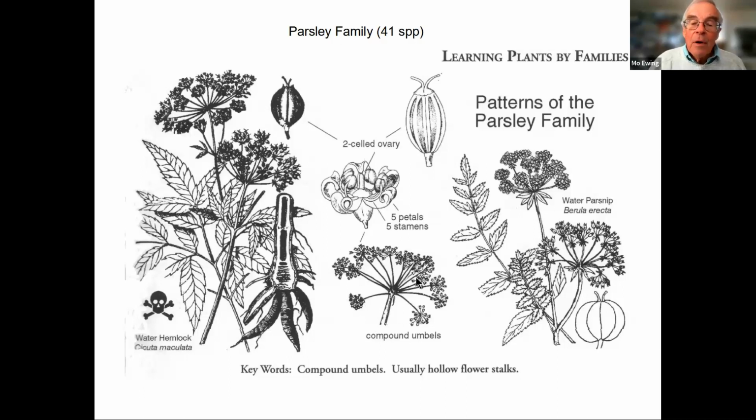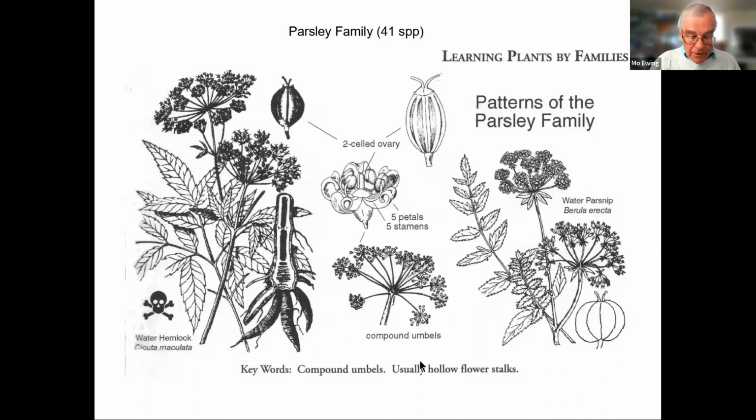So you have one umbel, and then at the end of each one of these things is another umbel. And that is the carrot or parsley family. And that's a classic shape. To my knowledge, in Colorado, there isn't any other flower that occurs that way.